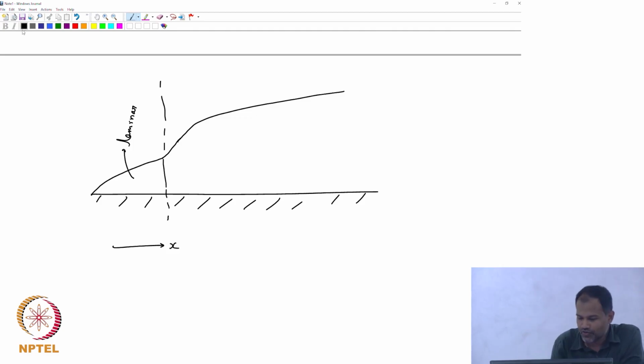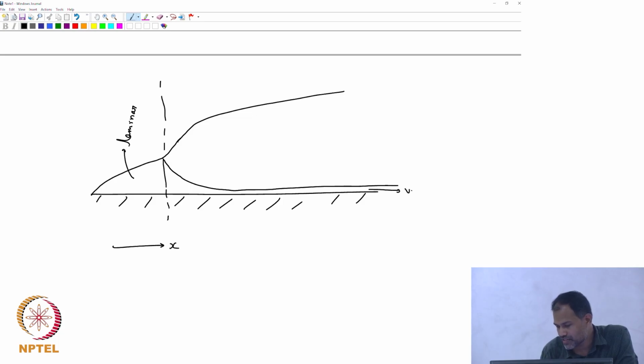The region which is laminar will become smaller and smaller and will become a very thin layer, which is what we called the viscous sublayer or wall layer.